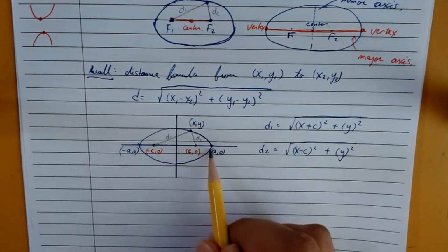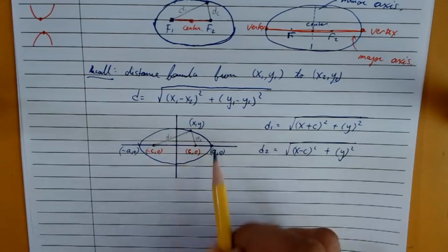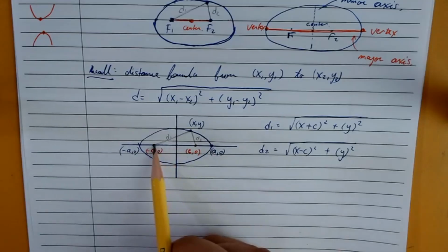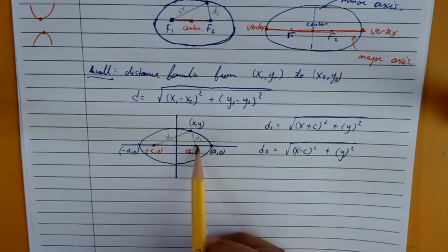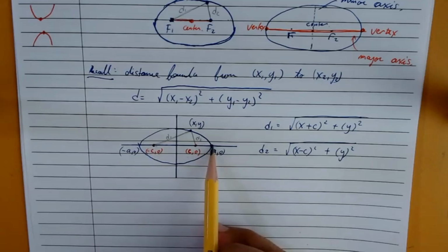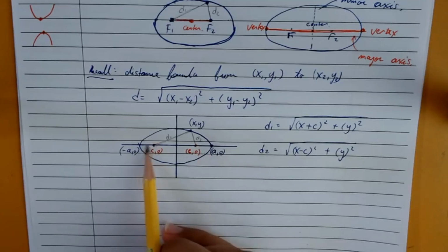Well, okay, that means that a, 0, since that's also on the ellipse, that has to be true for this point as well. So I want to find the distance from c, 0 to a, 0, and I want to add that to the distance from negative c, 0 up to a, 0. Well, notice this distance right here is the same as this distance back here.